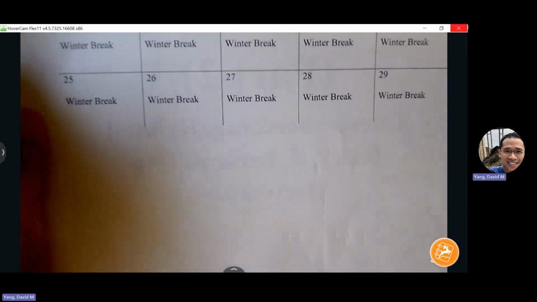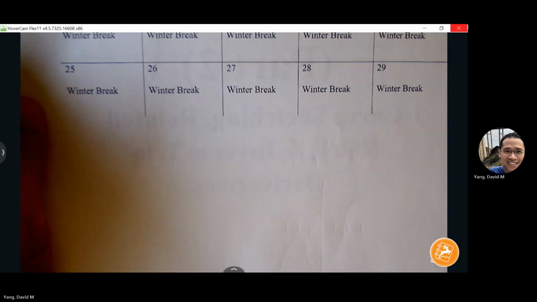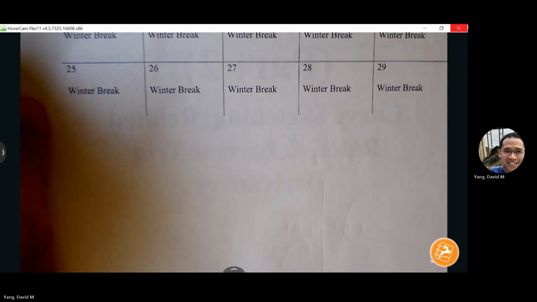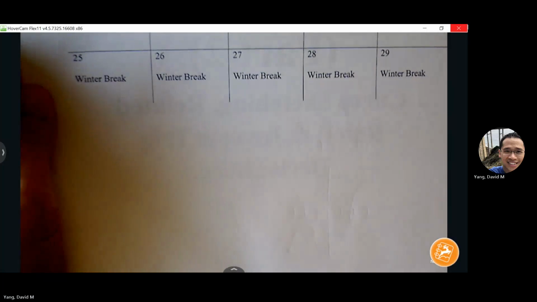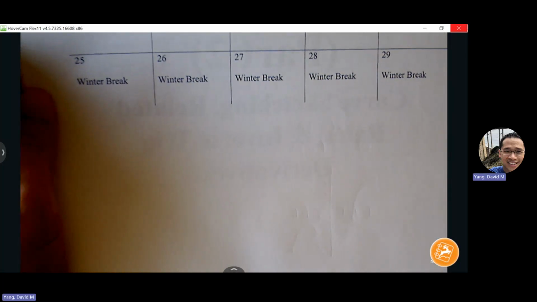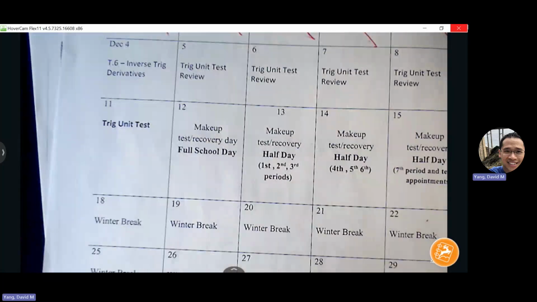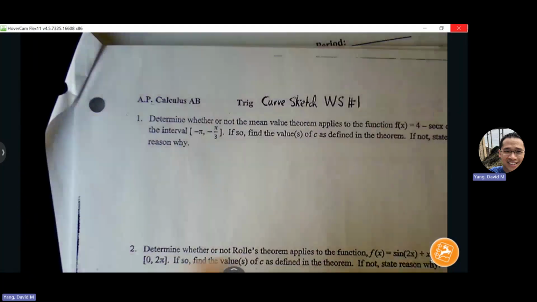Do you guys have room? I don't know where I asked you to put it. Do you guys have room on your calendar page at the bottom? The calendar is going to be on the inside cover of your first page. We used that. Oh, yes, you did. Sorry, you did use that already. My bad. What about page 1?